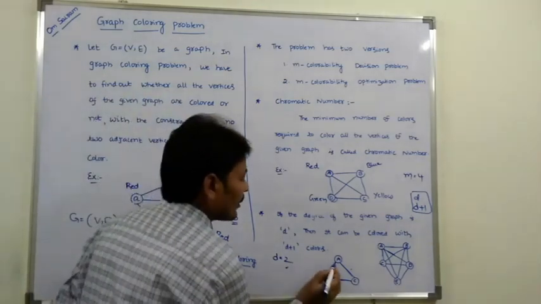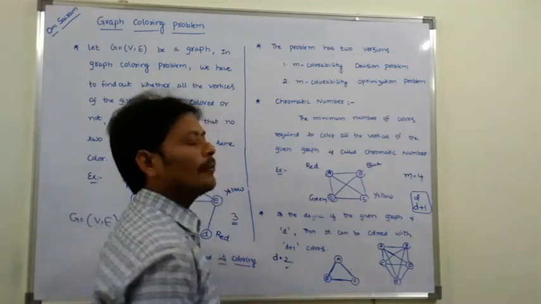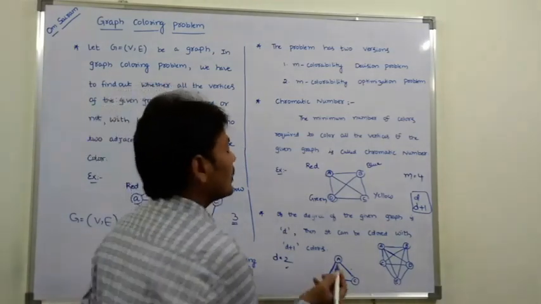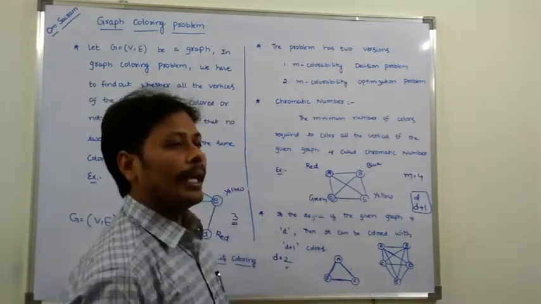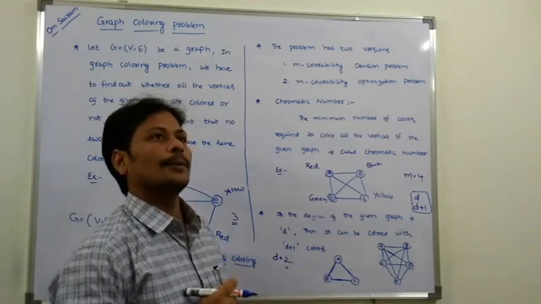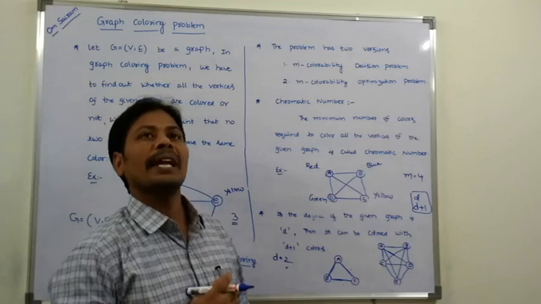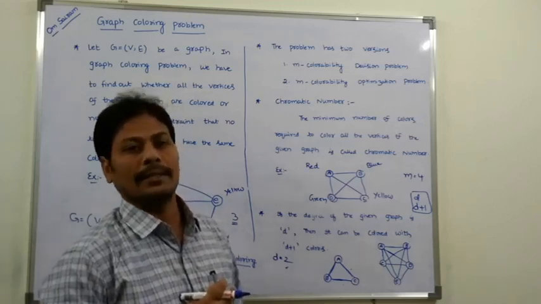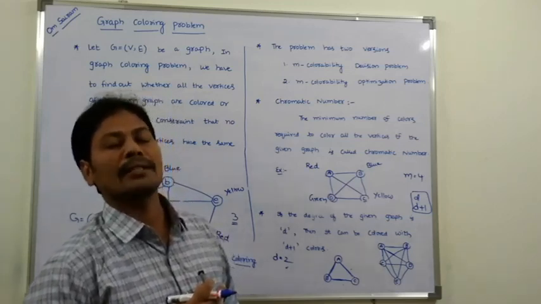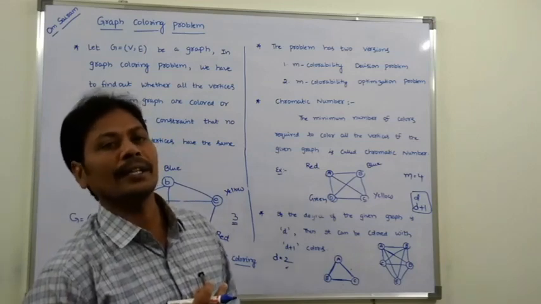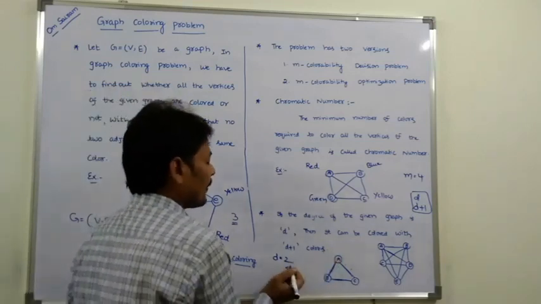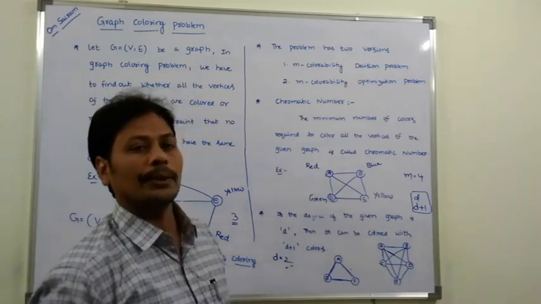How many edges outgoing from vertex B? That is degree 2. If any graph contains the same degree for all the vertices, then it can be called the degree of the given graph. So for this graph, degree of the given graph D is equal to 2.